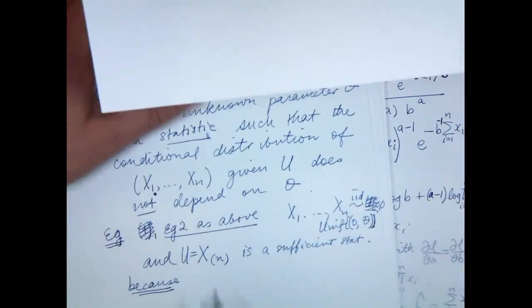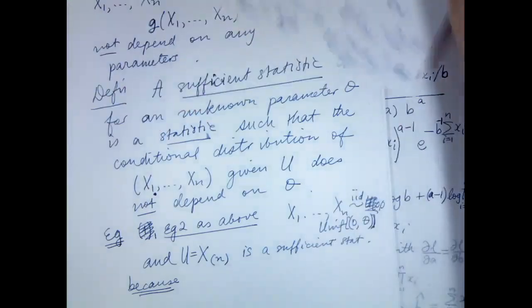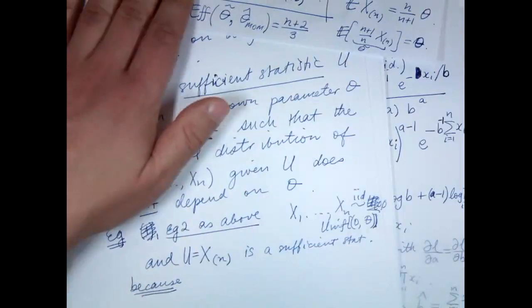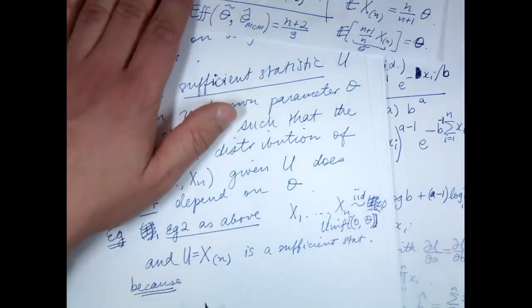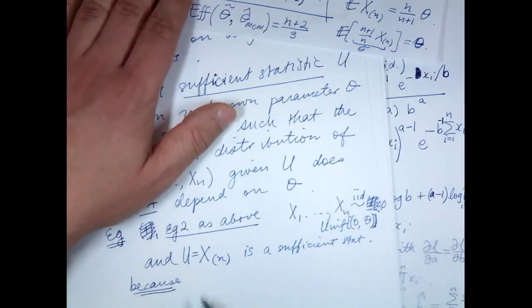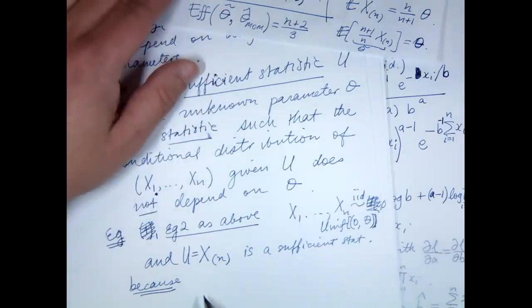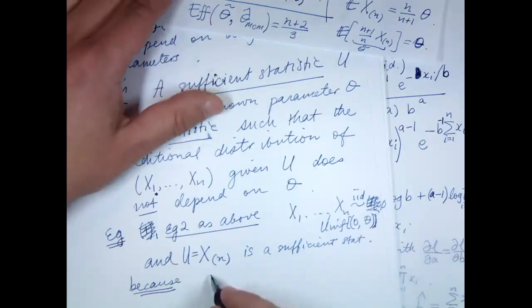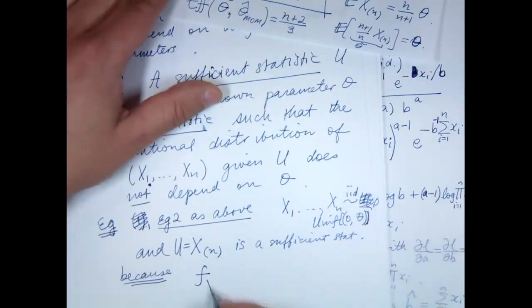we have to talk about conditional distribution. Let's talk about conditional density. Well, the joint density of x1 up to xn given the largest one.